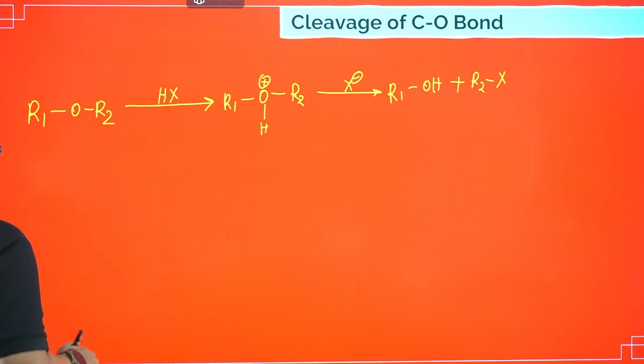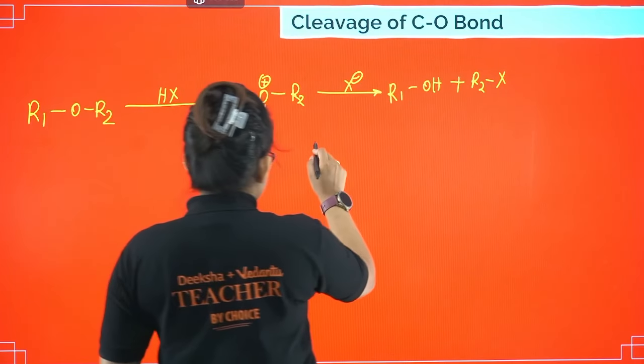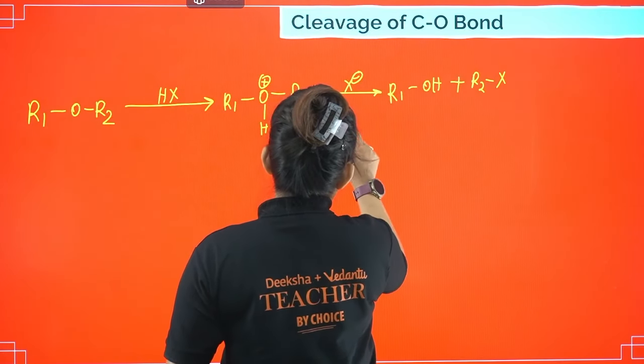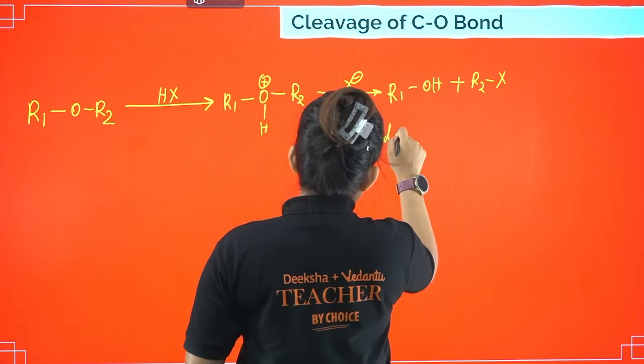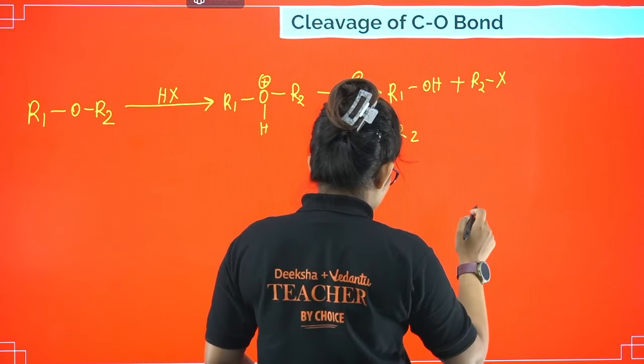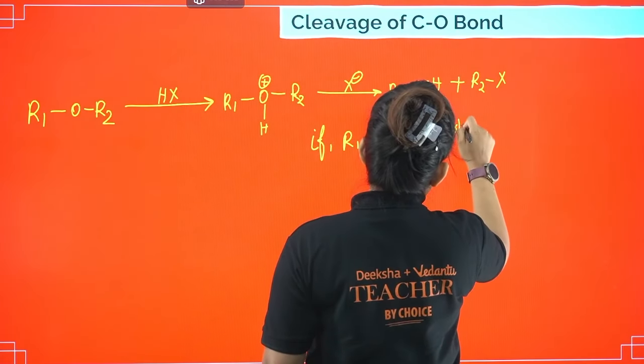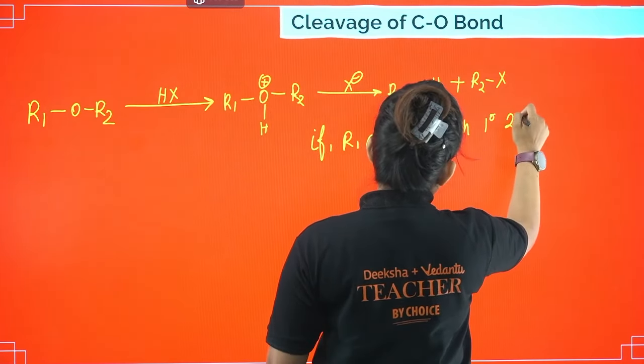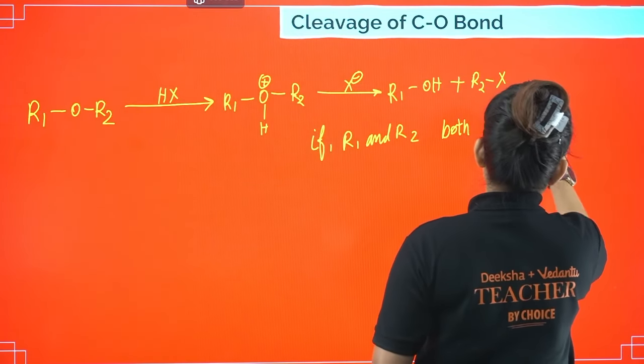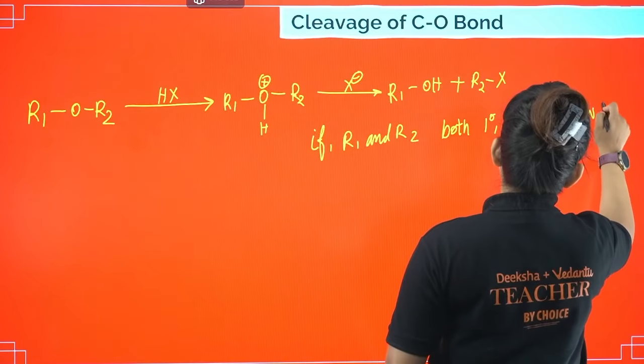Here are a few things that you have to remember. Let's say if R1 and R2 are both 1 degree, or 2 degree, or 1 degree and 2 degree, then this reaction will take place in the SN2 way.